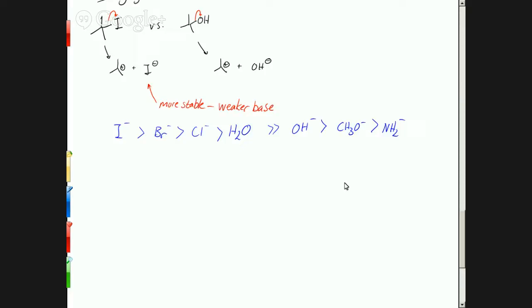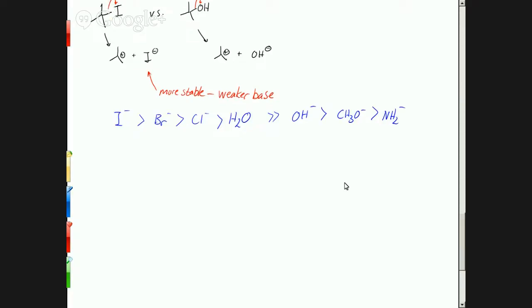All right, so that's an example of the leaving group. And when we get into all this together later, we'll come back and say, okay, remember how we decided what was a good leaving group and what wasn't. And we'll come back and look at this.